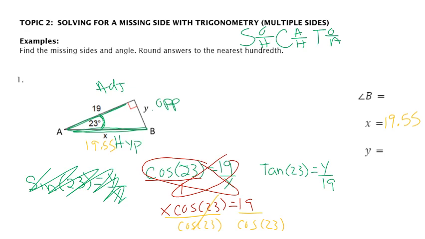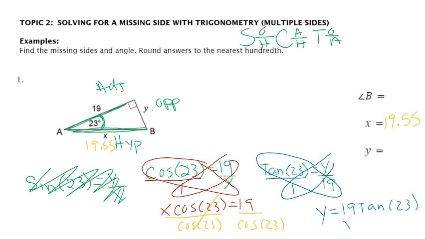I'm just going to, like I said, use trig, but you can use either one. If I was to go ahead and solve for y, this one I would cross multiply. So y is equal to 19 times the tangent of 23. For y, we get 8.07. And then the last piece this was asking for was b.